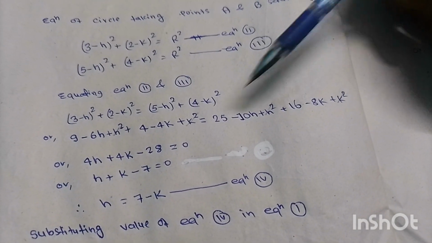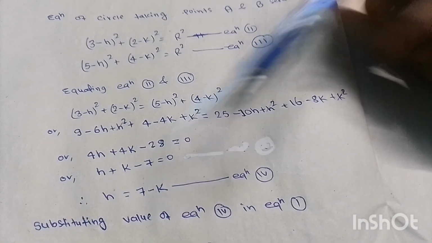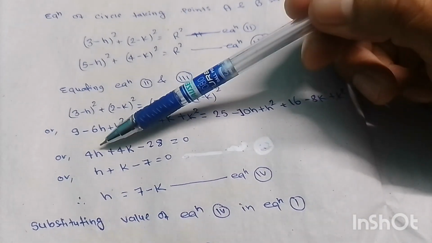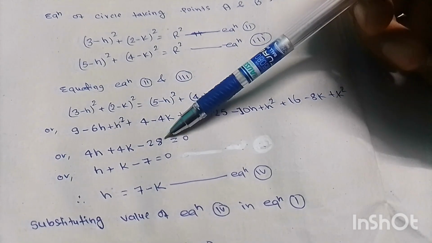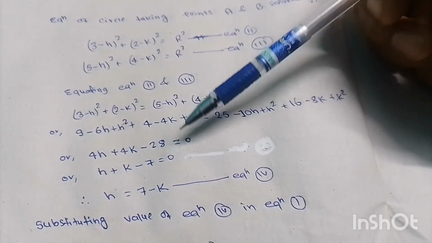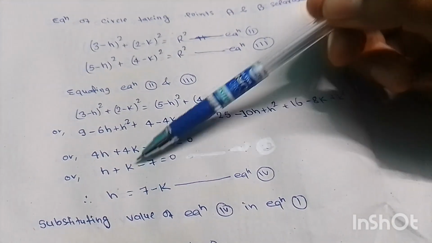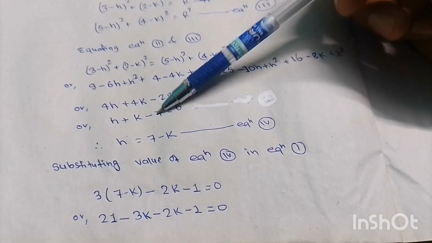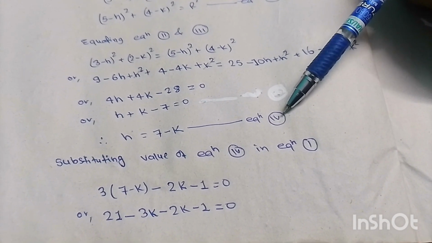If we transpose 16 and 25 to this side and do the additions, the final answer will be 28. So this is 4h plus 4k minus 28. If I take the common 4, it becomes h plus k minus 7. Now this can be written as h equals to 7 minus k. I just transposed 7 and k to this side and take it as equation 4.